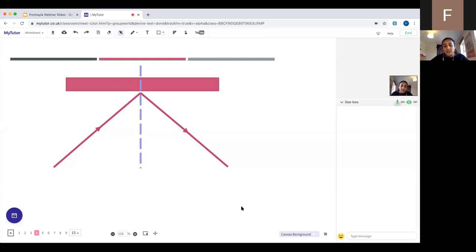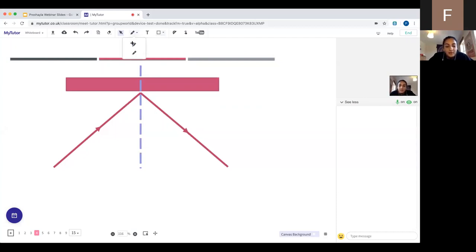And the normal has lots of purposes, but I think primarily its main purpose is to help us line everything up and to get our light rays in the correct place. So we know that we're going to have one light ray going towards the normal and one light ray going away from the normal. And as well as that, we need to put the normal in because that's how we're going to measure the angle.